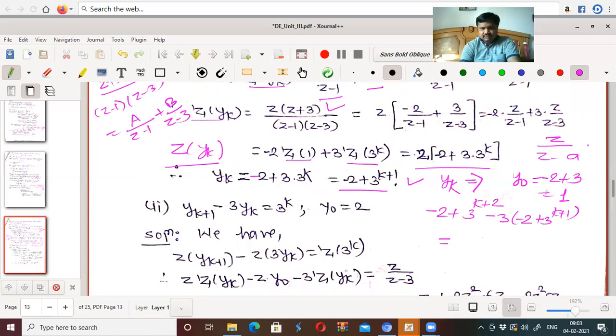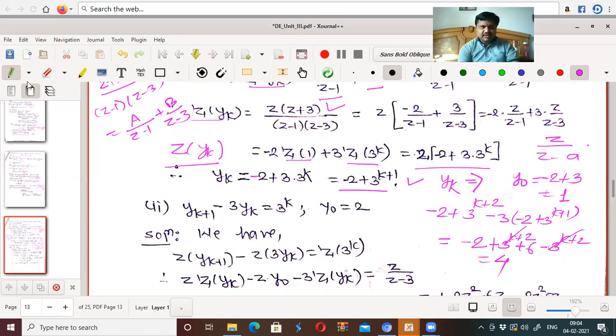It is equal to minus 2 plus 3 to the power k plus 2 plus 6 minus 3 to the power k plus 2, because 3 to the power 1 into 3 to the power k plus 1. These two cancel and we get 4. So this yk satisfies the given equation as well as the given condition, and therefore it is the solution.